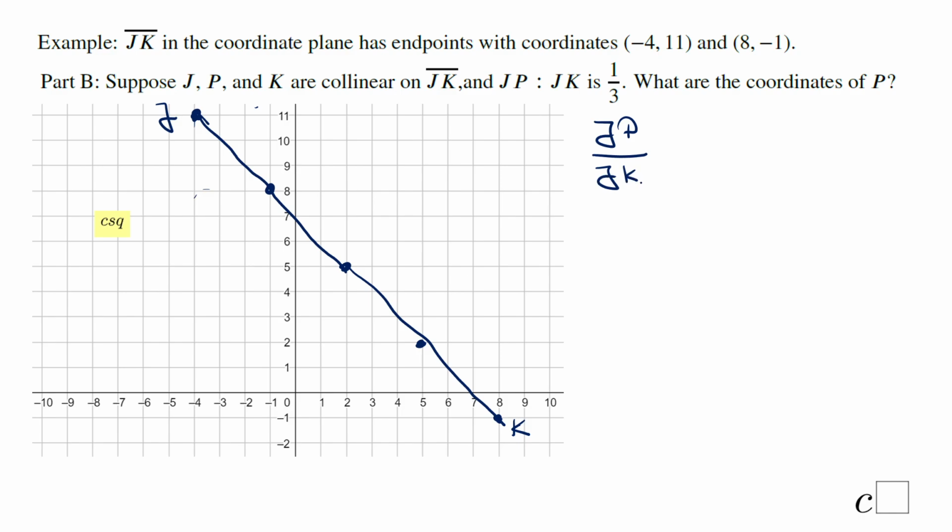Very important, this is 1 over 3. This is a different problem, ladies and gentlemen. Because now JP is 1 segment, JK is 3 segments. So 3 corresponding parts. Let me erase these points. I erased the line also. Yeah, that's the problem sometimes. So again, hopefully we did a great job.